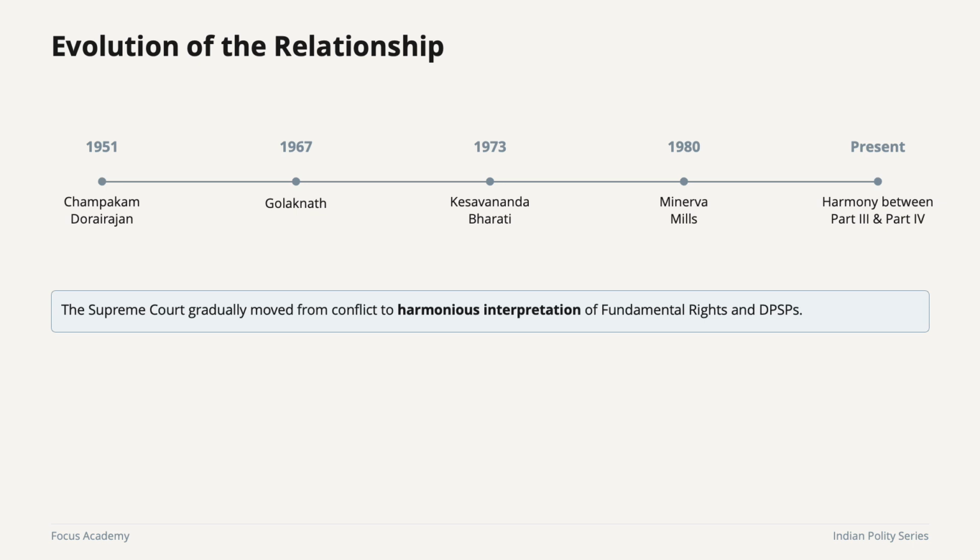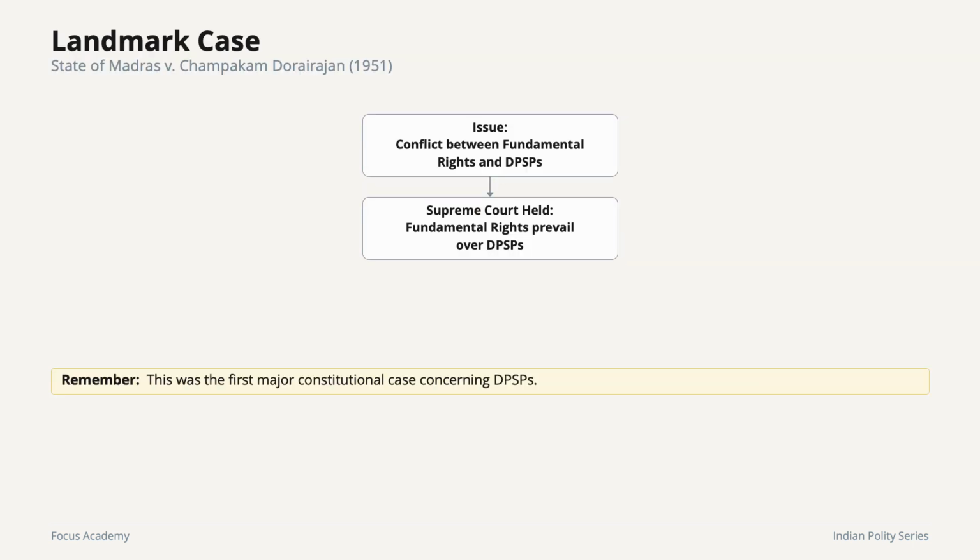You just need to know that there was a conflict between fundamental rights and DPSP in that particular case. The Supreme Court held that fundamental rights prevail over DPSP, which means fundamental rights are above DPSP. In the State of Madras versus Champakam Dorairajan case, 1951, that was what the Supreme Court decided.